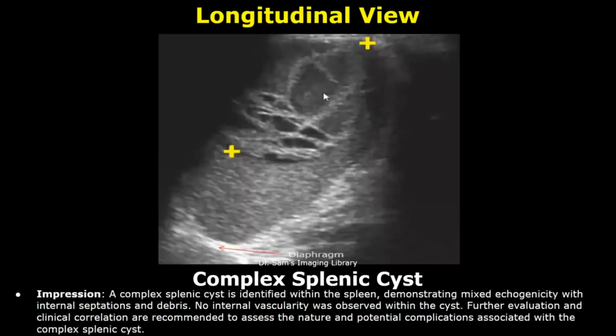This is the impression. A complex splenic cyst is identified within the spleen, demonstrating mixed echogenicity with internal septations and debris. No internal vascularity was observed, and it ends with the line of clinical correlation.